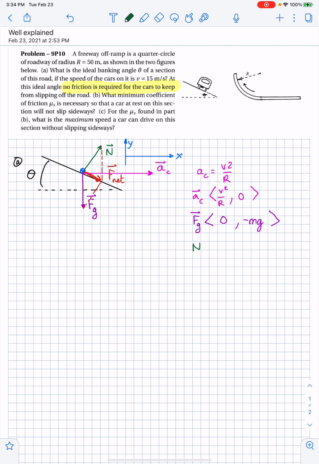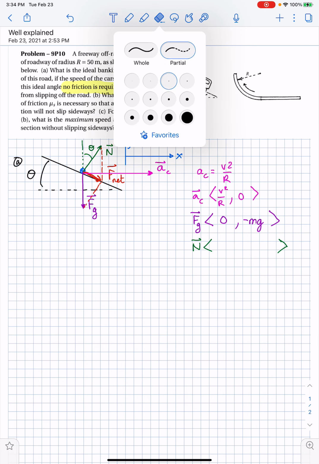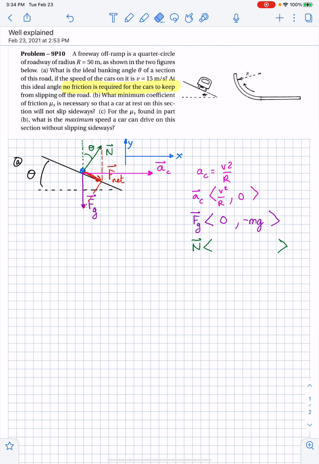And the vector n, we have the angle theta. That's going to be right here. Okay? The angle of the ramp can also be represented like I did right here, like that.